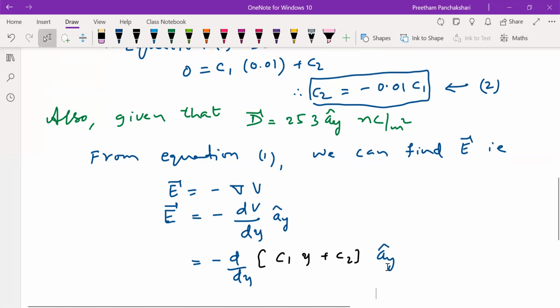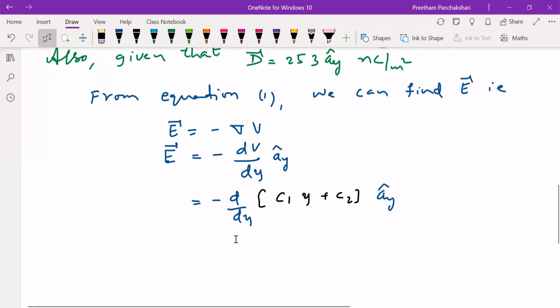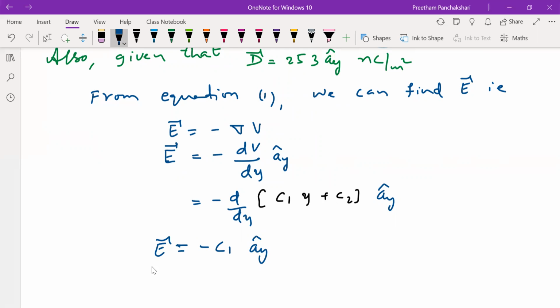This is to be differentiated to get E. So E now becomes, after differentiation, C1. Differentiation of y is 1. Differentiation of C2 is constant, being constant, it's 0. So we got an equation for electric field intensity in terms of volts per meter.